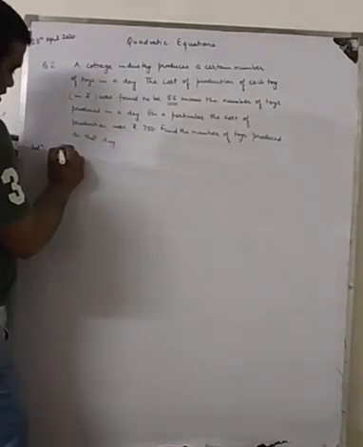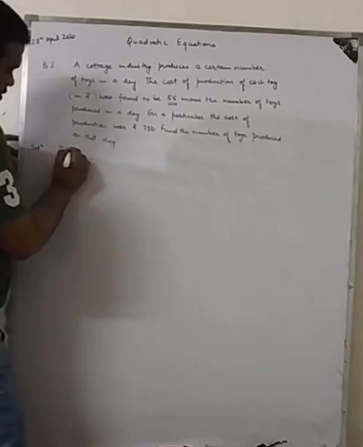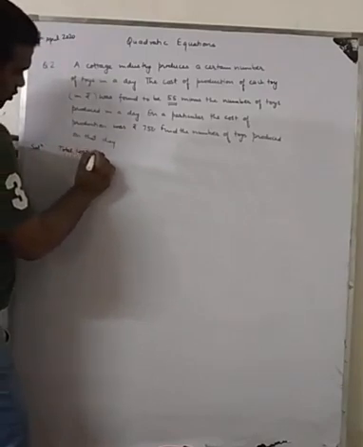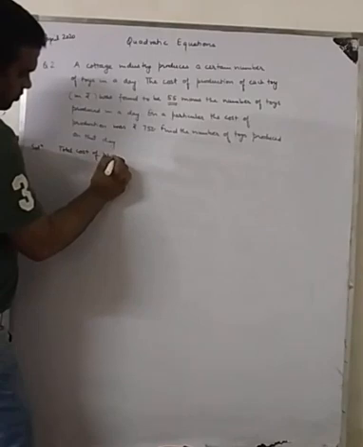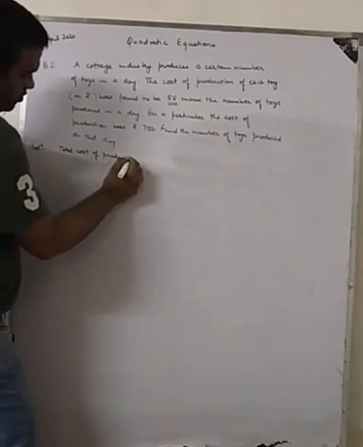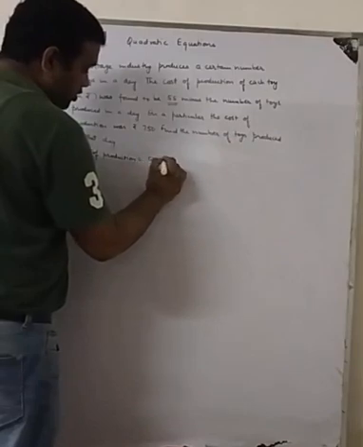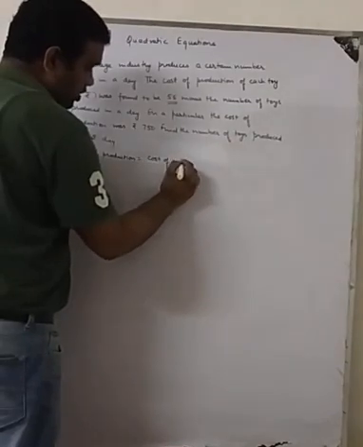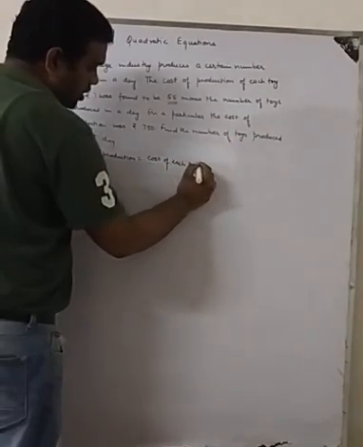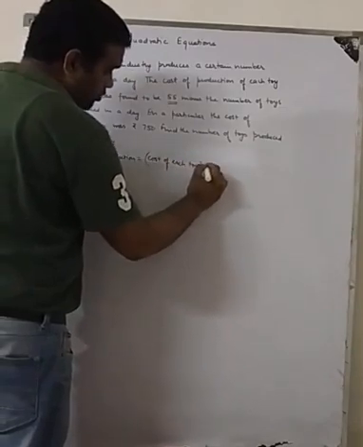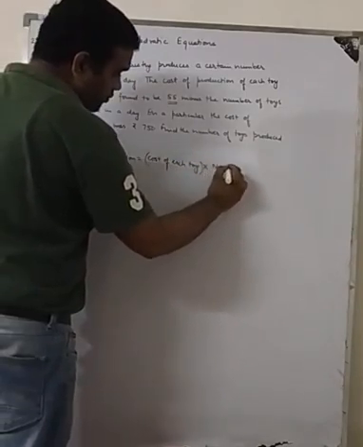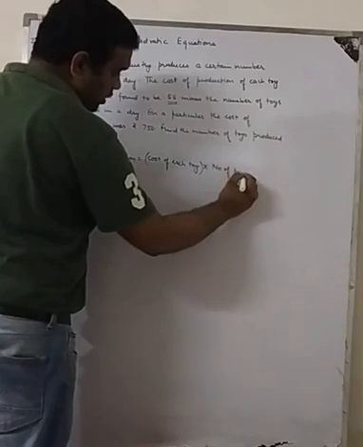So first we are going to write a formula. Total cost of production is equal to cost of each toy into number of toys.